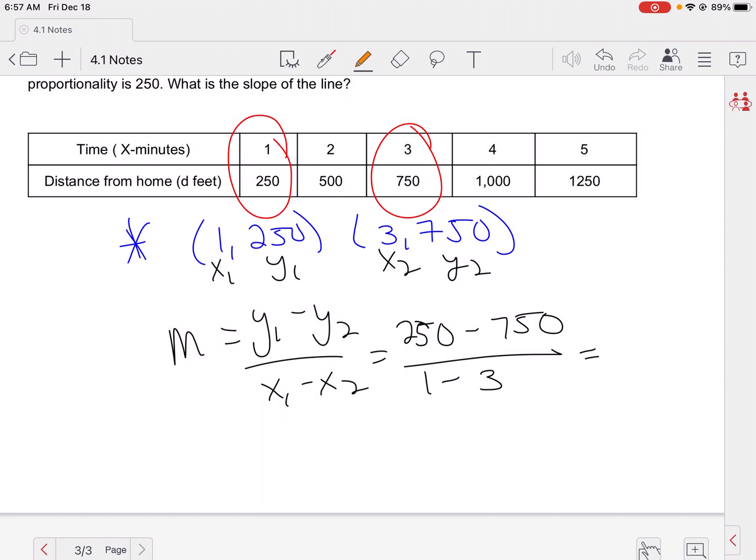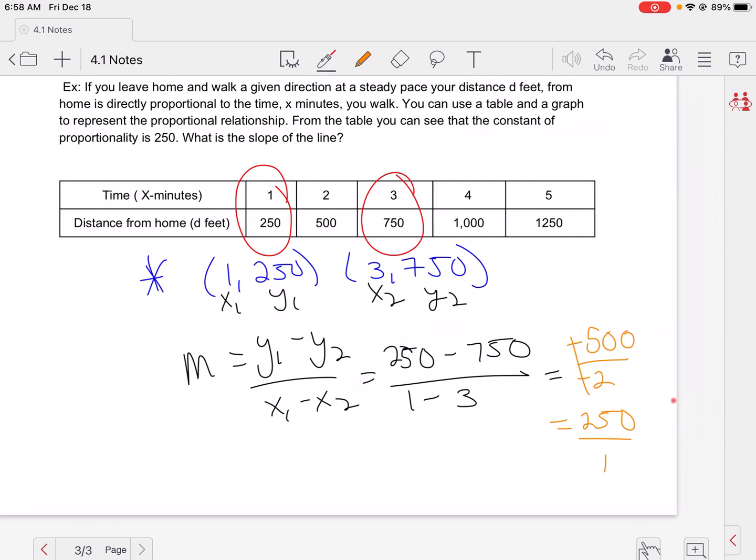So I'm going to get negative 500 over negative 2, which is going to reduce out, so the 2 negatives cancel out, and 2 goes into 500 250 times. Okay, we could put the 250 over 1, that's up to you. Okay. So notice the slope is the same as the constant of proportionality. So that constant of proportionality we learned in 7th grade is really the slope of the line, okay?